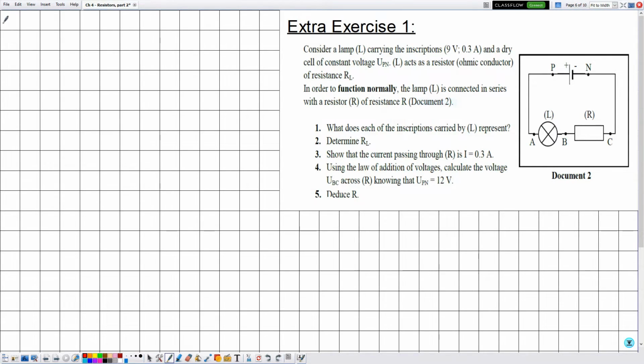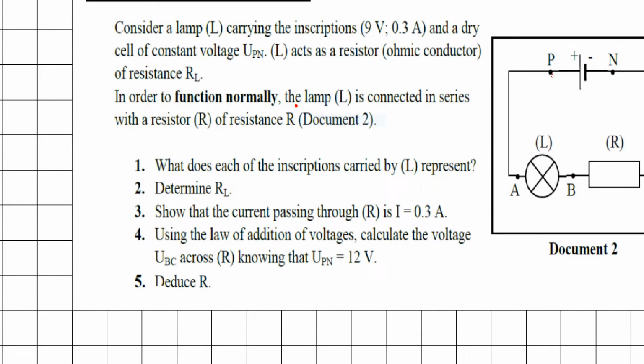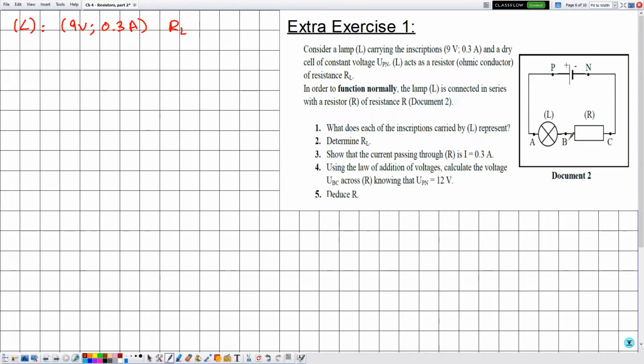Okay, so here we have that the lamp L has the following indications that are given by 9 volts, 0.3 amperes. In addition to that, it has a resistance RL. Now they are telling me that in order to function normally, so they mention function normally.